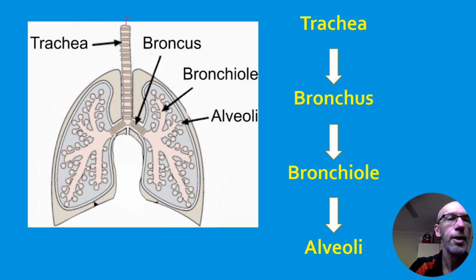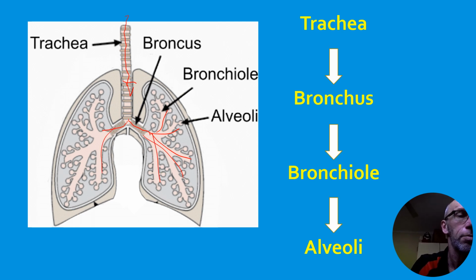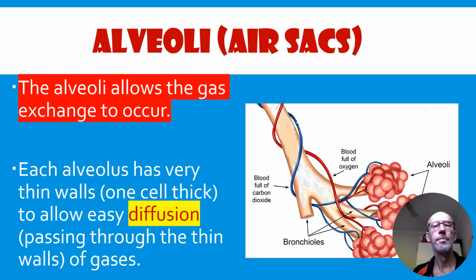So when we inhale, the air has reached the trachea, and then half of it will go left, half of it will go right by the bronchus, which is singular for bronchi, and then it'll basically branch out into these bronchioles. And it's through these bronchioles that we reach the 600 million air sacs, the alveoli, surrounded by capillaries, which gives the lungs their spongy mass.